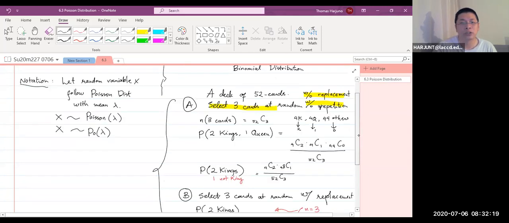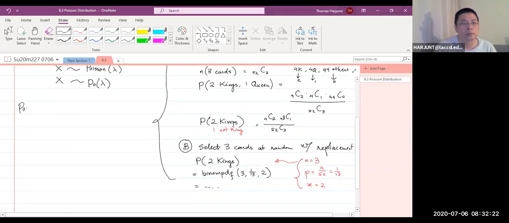Now, when do we use Poisson distribution? Poisson distribution is usually used in situations where we measure the number of incidents over a continuous domain.